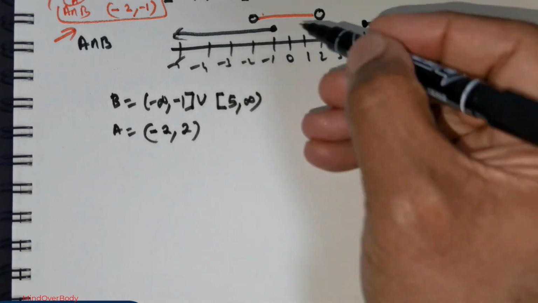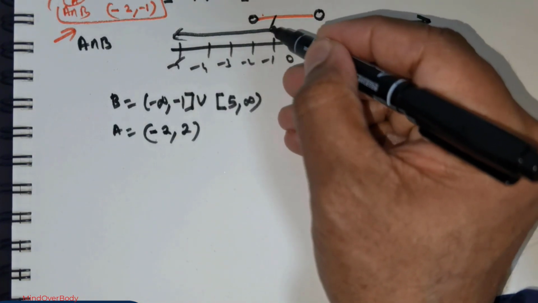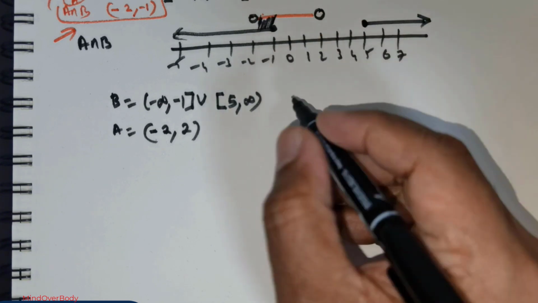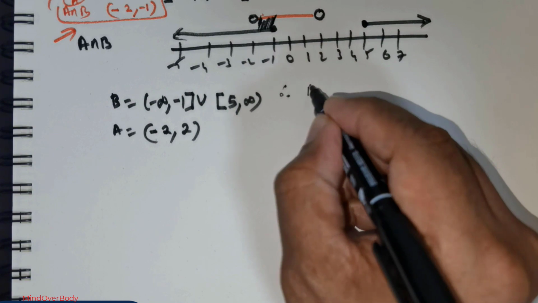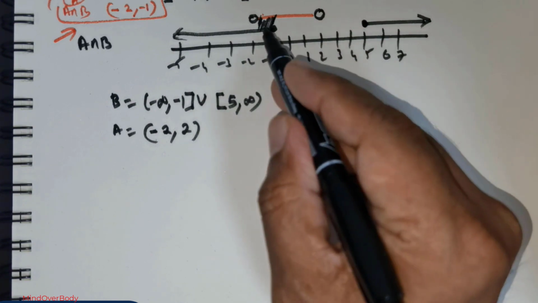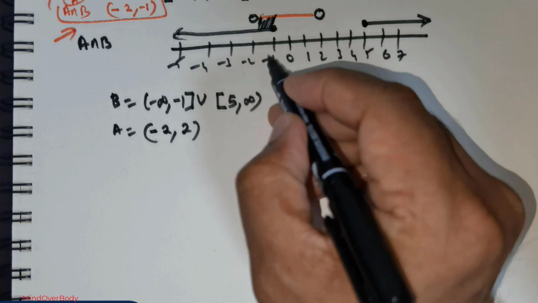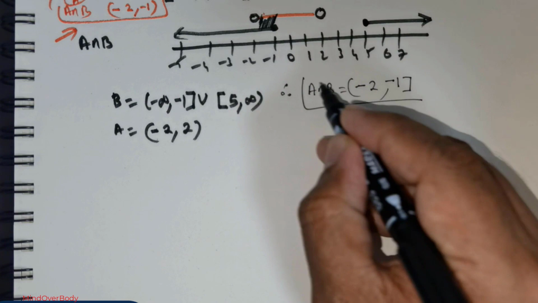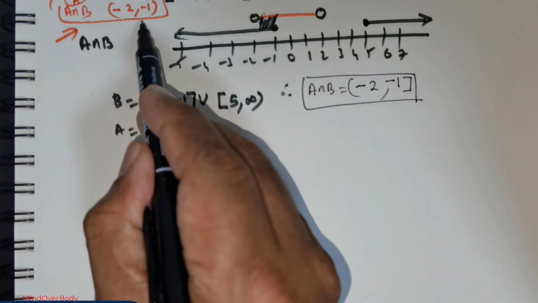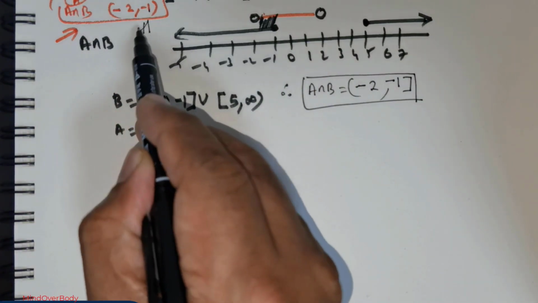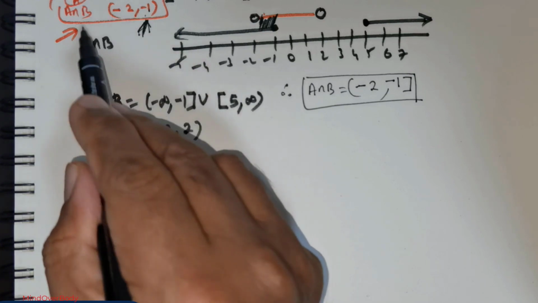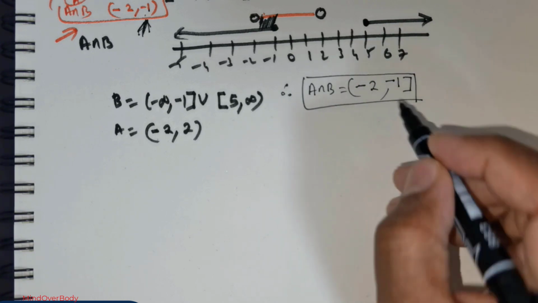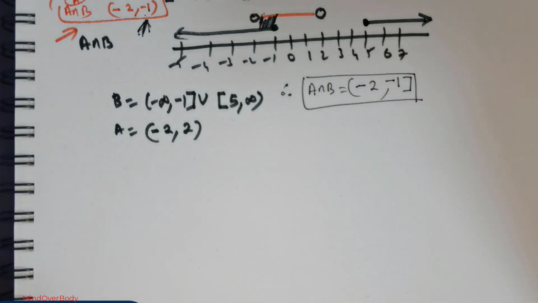So that would mean I have an intersection here, that's fine, and then I go all the way up to here. So A intersection B, negative 2 is open, but negative 1 is actually closed. This should be the value, but in the choice you're getting an open here, right? You're getting an open here. So choice A is not the right answer, so we drop choice A because of the fact that we have found this value. Okay, now let us go to the second one.